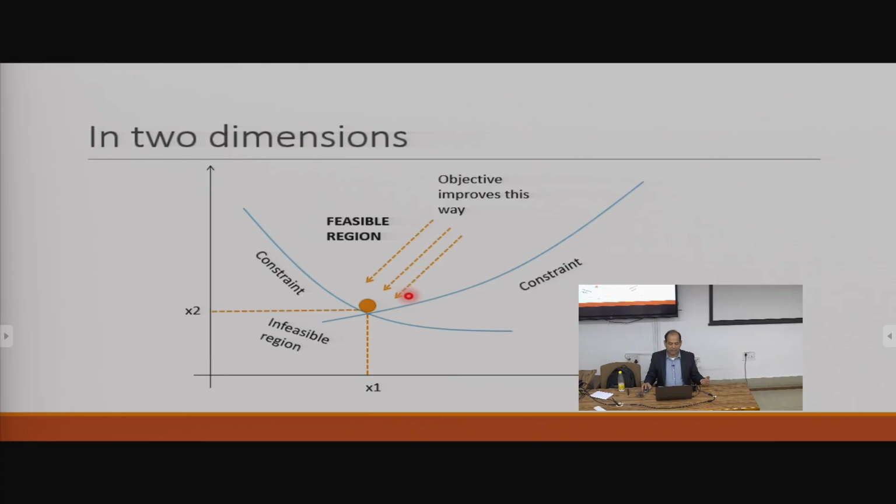Since I cannot show the 3rd dimension, as the objective lives perpendicular to the screen, you generally have an idea that if I move in this direction, my objective will improve, meaning that my objective function will reduce in value. Sometimes we show it using level sets. If we keep moving here, we hit a constraint. We cannot move any further, so we found a solution.